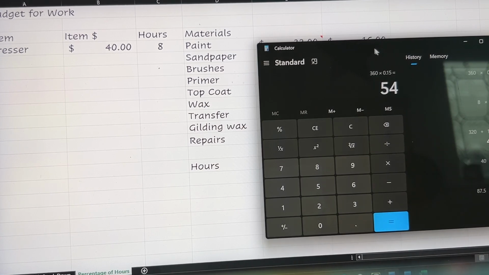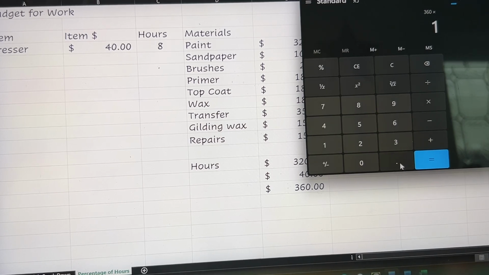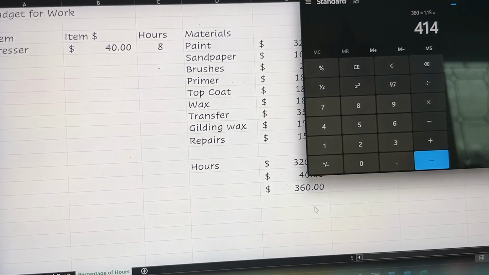That's $54. So plus 360 is 414. Now you could also say 360 times 1.15, which is the 15%, and you'll get $414.